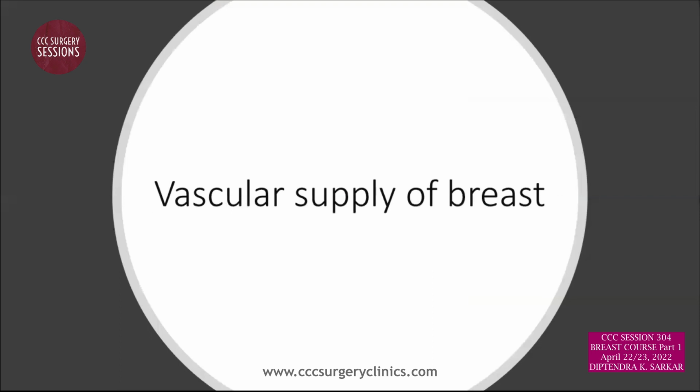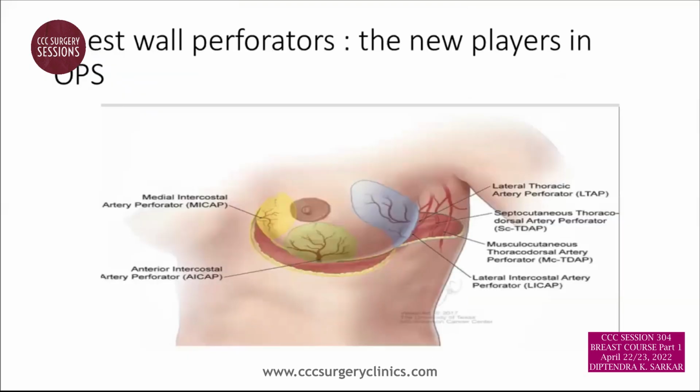Coming to the next part, the vascular supply of the breast. Now, we have been told over years that the breast is being supplied by small perforators from the chest wall, and that there are certain internal mammary perforators which we will encounter medially when we do a mastectomy.